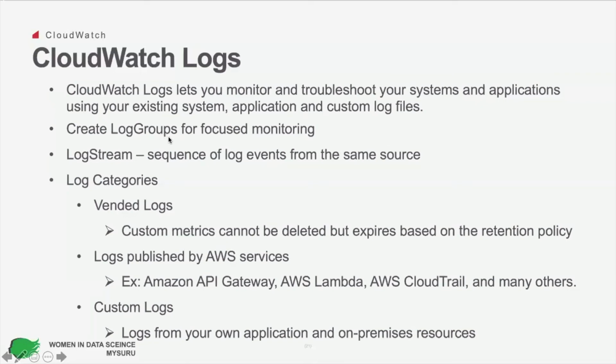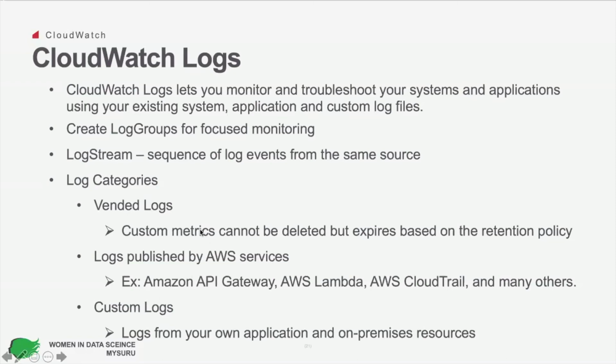So to house within one group, you would create something called log groups for focused monitoring of the entire CI/CD logs. Now within that log group, if you want to differentiate between your build and deployment logs, that's where the log stream comes into the picture. A stream is nothing but a sequence of log events from the same source.